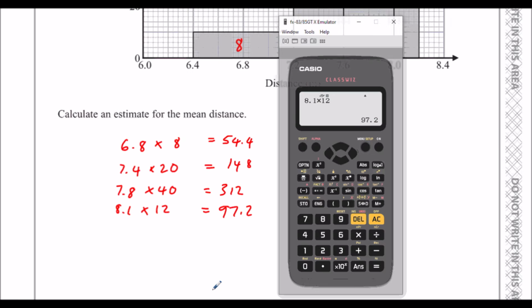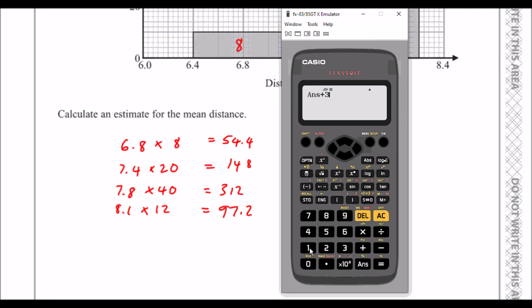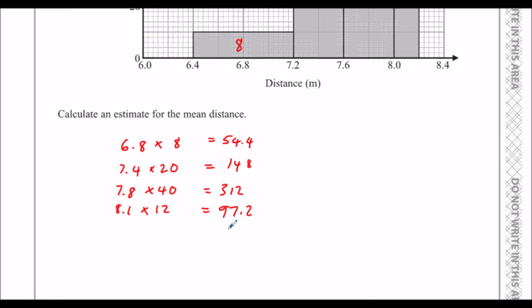So we'll add all these numbers up, which is 611.6. And then divide by how many, which was 80.